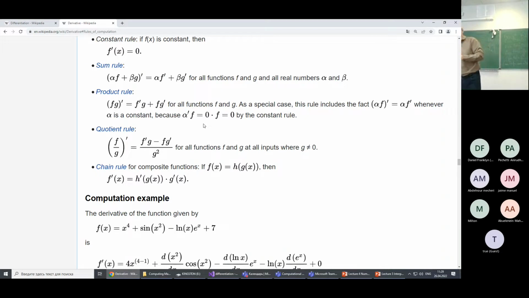Now, finally, we obtain the formula for the first derivative of the polynomial. After that, you can substitute here any x that you want, and if you substitute this x, you get the approximation to the real derivative at this point x.